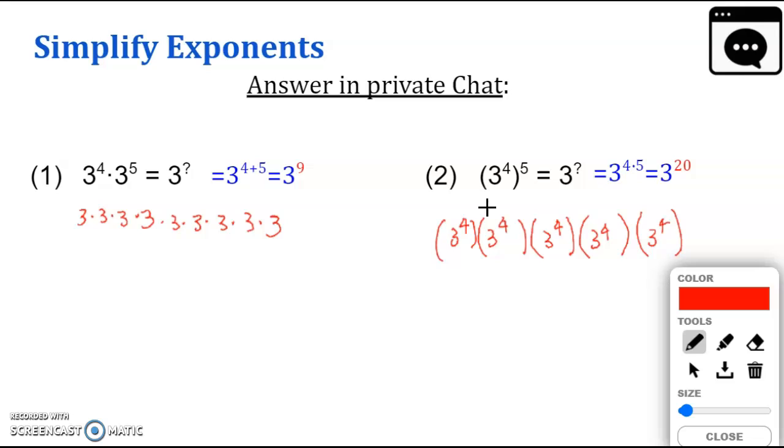Since the bases are the same, we are adding 4 plus 4 plus 4 plus 4 plus 4, or 4 multiplied by 5, which is 20. So this is the same as 3 to the power of 20.